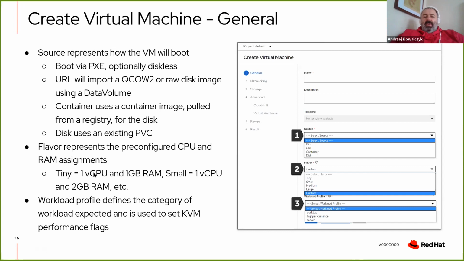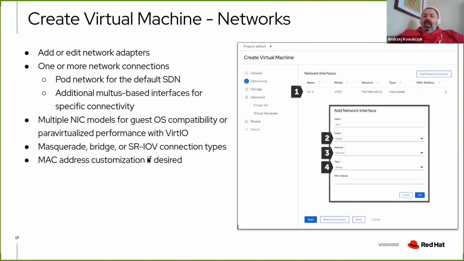So it is a very small machine, 1 vCPU and 1 gigabyte; small, 1 vCPU and 2 gigs, etc. So you can use predefined templates like flavors, right? This you can of course configure. You can add disks using PVs. Then you can configure networks for your virtual machine. So from this point of view, it looks like any hypervisor, because this is what a virtual machine needs to run, right?